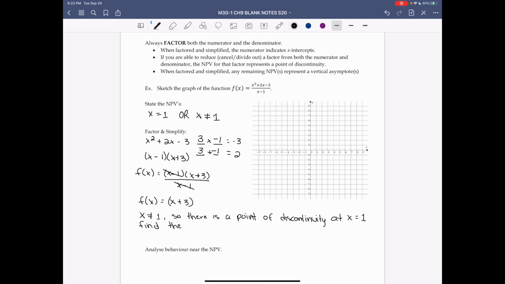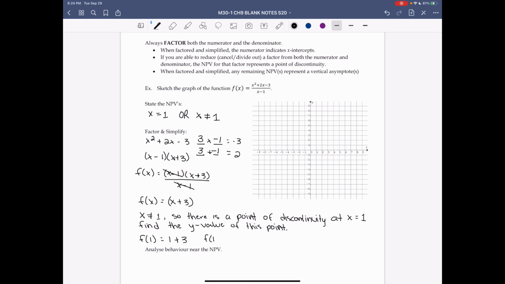Find the y value of this point. To do that, we're going to take the simplified function and plug in the x value of the point of discontinuity. So we're going to do f of 1, which is 1 plus 3.